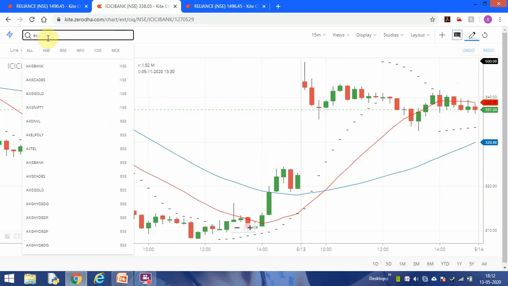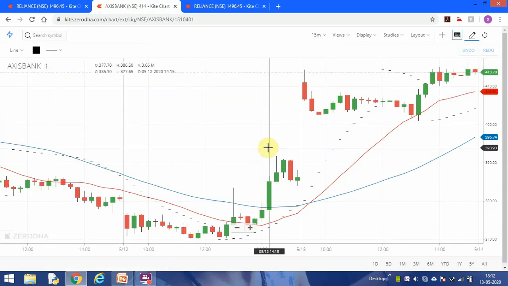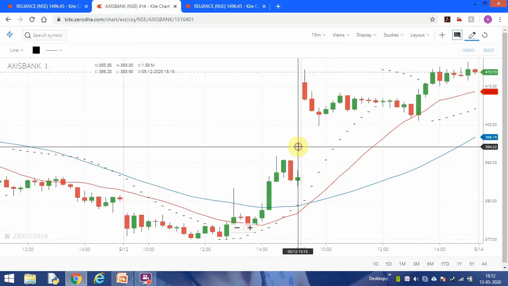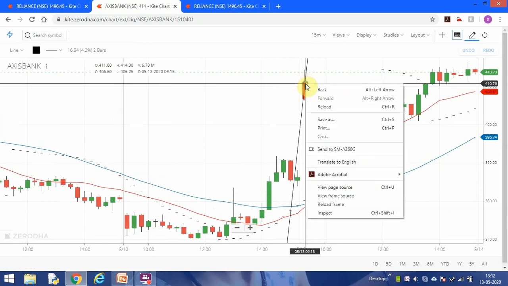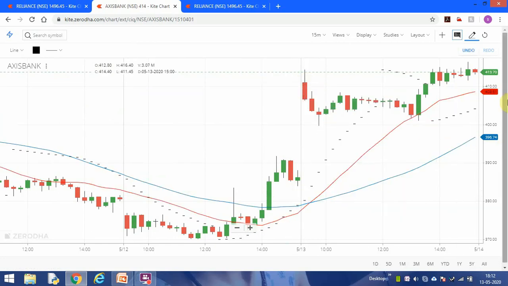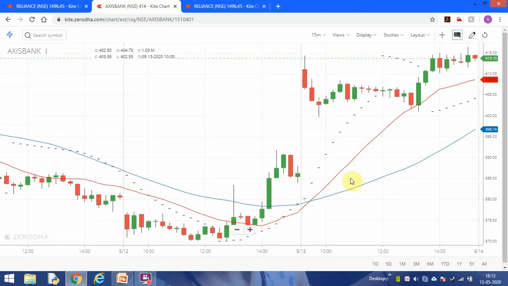You can see in other stock also. Let me take Axis Bank. This is 15-minute chart. This is a gap.